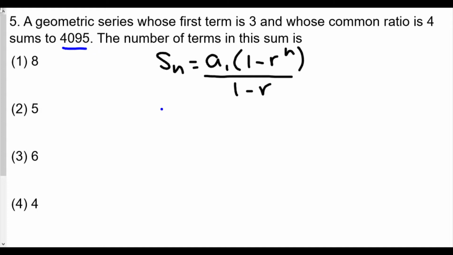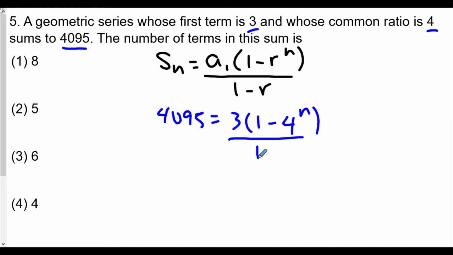So our equation will be 4,095 equals our first term 3 times 1 minus our common ratio 4 to the nth power all over 1 minus 4. Okay, because again, r is 4. We don't know what n is equal to.